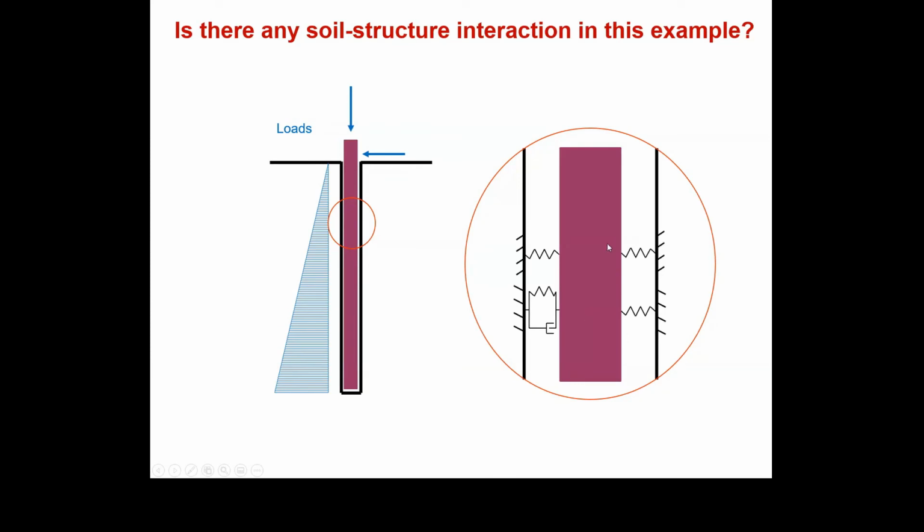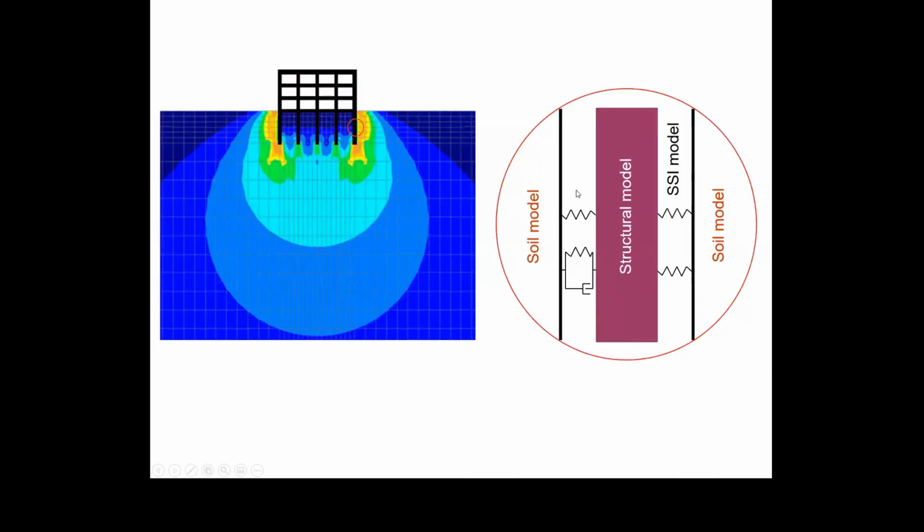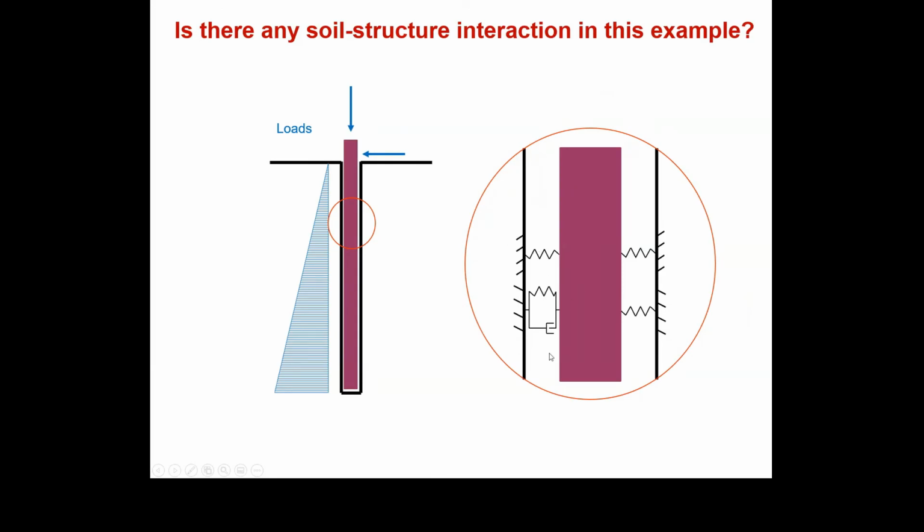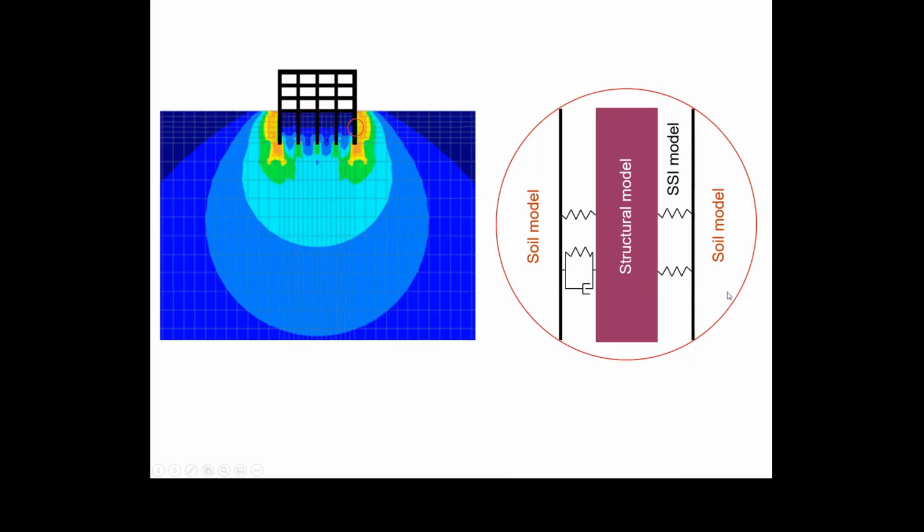So what we are saying in our model, with these constitutive models, is that we are going to have this interaction by means of these springs and these elements, these models that will represent the behavior in the interface between the structure, the foundation, the pile, and the soil. But we're still saying that the soil is rigid, and this is not the case because the soil is not rigid at all.